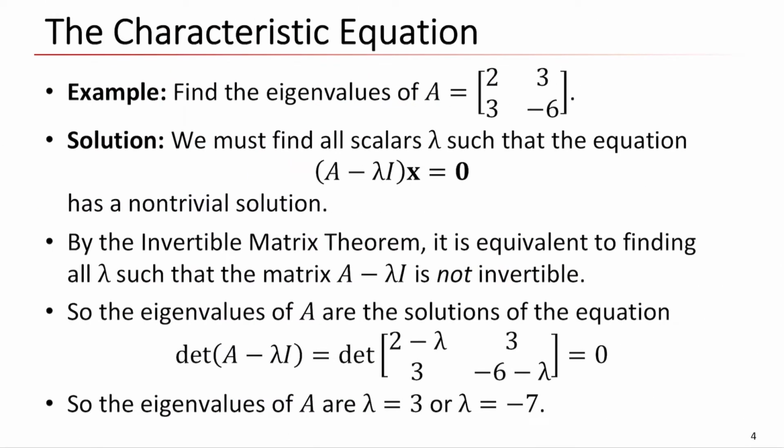Okay, so what is the characteristic equation? First of all, let's think about how to find the eigenvalues of this matrix. A is 2, 3, 3, negative 6, right? First, what you want to do is to formulate the equation (A minus lambda I) times x equals 0, right?